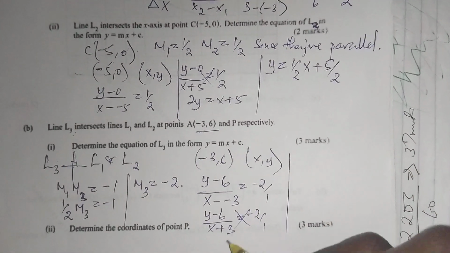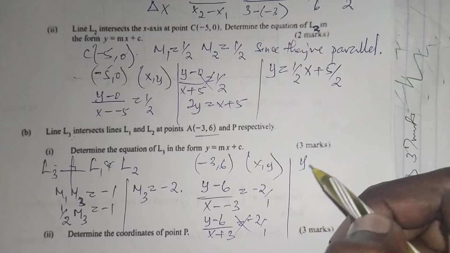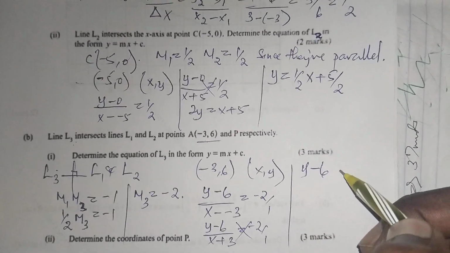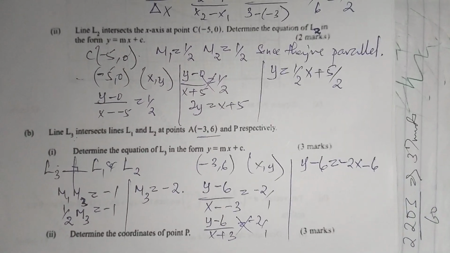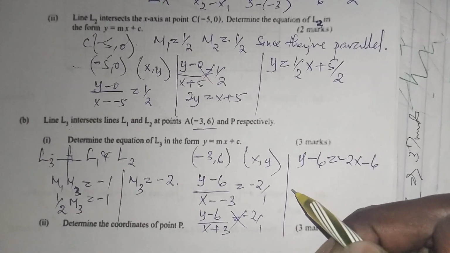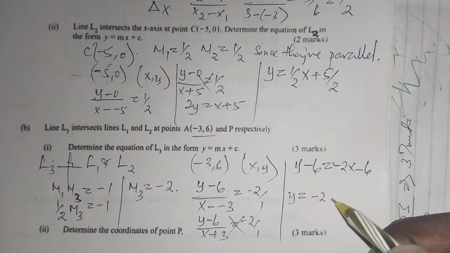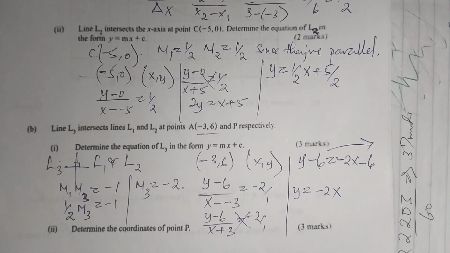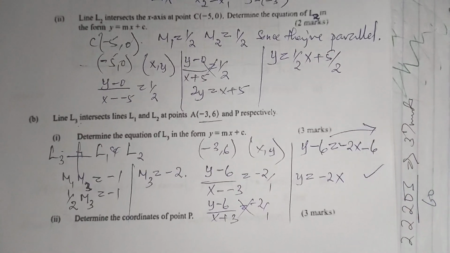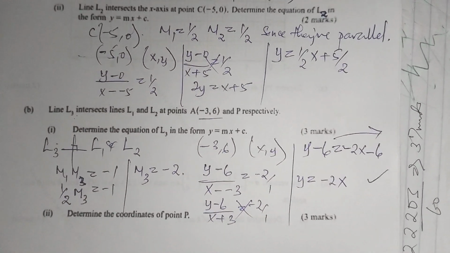Then cross multiply. We'll have y minus 6 is equal to minus 2x minus 6. So you shall have y is equal to minus 2x, minus 6 goes this side, becomes plus 6. So you have y is equal to minus 2x as your answer.